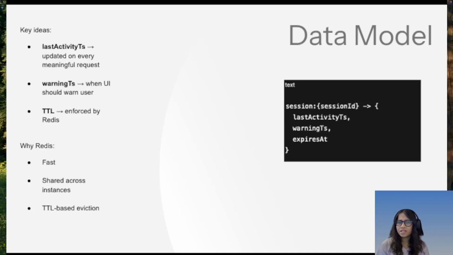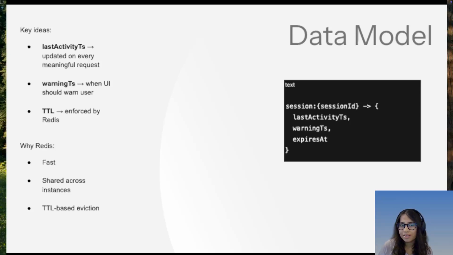The entire system hinges on three timestamps. First, the last activity timestamp, updated only on meaningful activity. We don't want to update it on a tab switch, or when the client is logging periodic logs for analytics. We want a proper timestamp of when the user made an activity.